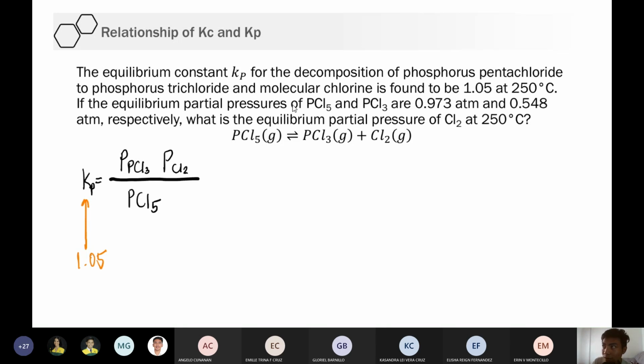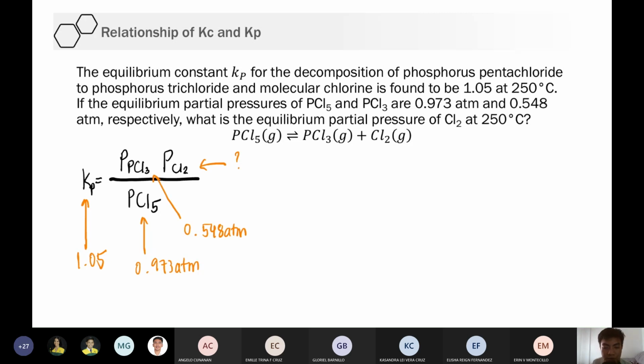If the equilibrium partial pressures of PCl5 and PCl3 are this and that, so ibig sabihin yung PCl5, ito yung kanyang pressure, 0.973 atm. And si PCl3, ito yung kanyang pressure, 0.548 atm. Hanapin natin ito, yung PCl2.